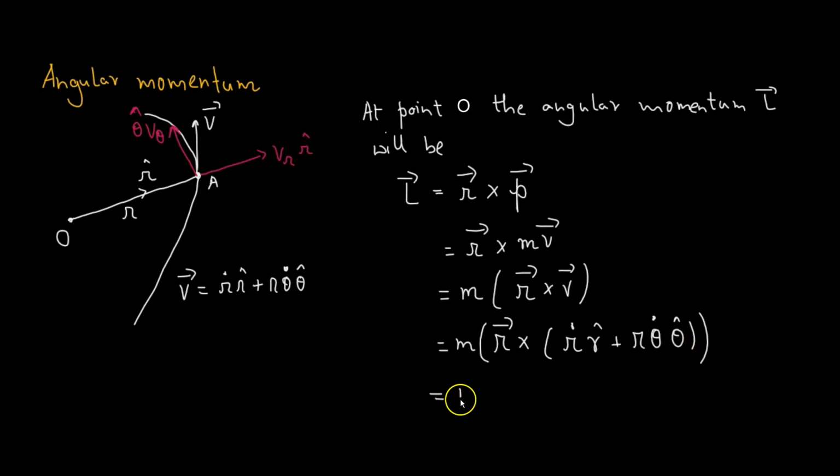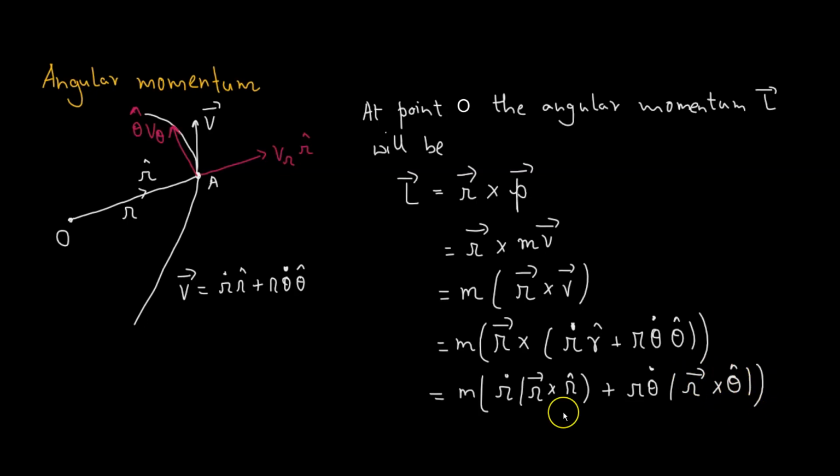Upon multiplication, r dot is a constant, so we have r dot multiplied by r vector cross r cap, plus r theta dot, which is a constant, times r vector cross theta cap.